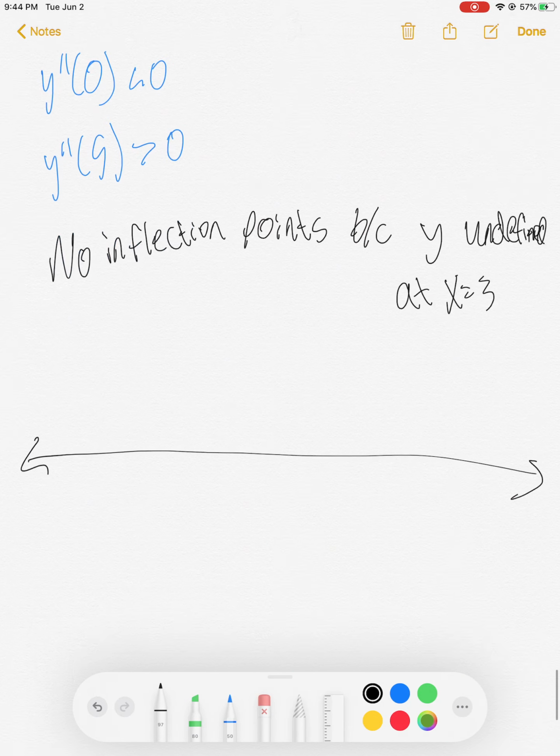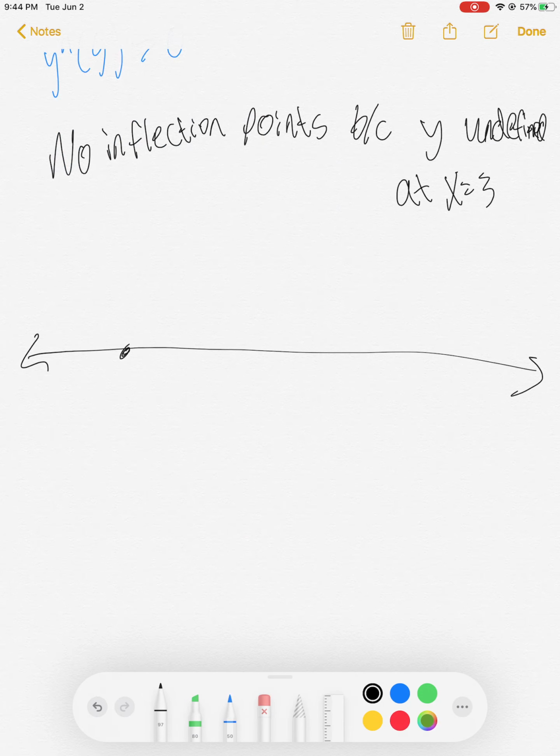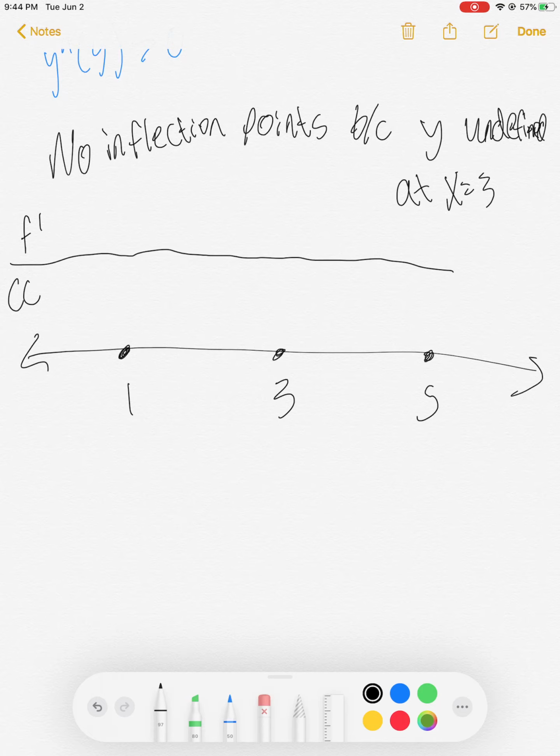So what I want to do now is combine all of our information into one number line. We didn't have to do this the first time because it was a little bit simpler. But here, what were our points? 1, 3, and 5.